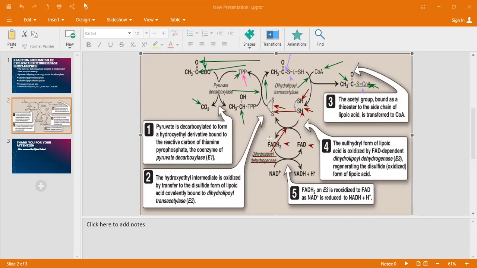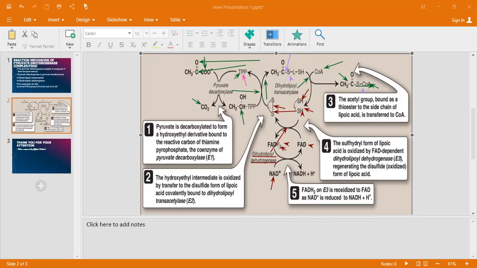So FAD, we also need to remove these hydrogens from FAD. That is where we bring in the NAD. The NAD will reduce FADH2 to FAD. This is removal of hydrogen.